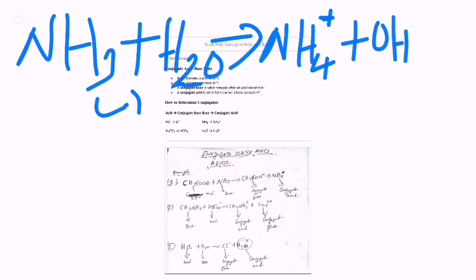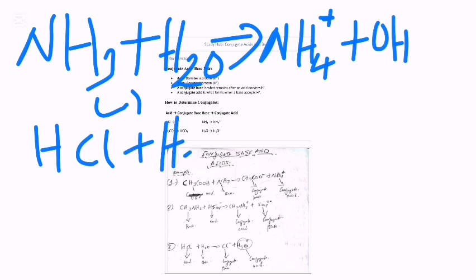But for an acid, it is the opposite, HCl. When an acid is dissolved in water, even if you don't know how to make the equation, you just need to know this concept. It is helpful. If this is an acid, an acid will lose hydrogen, and a base will gain hydrogen.